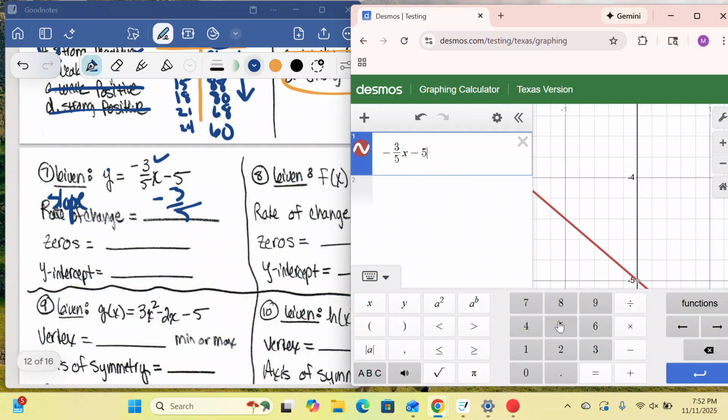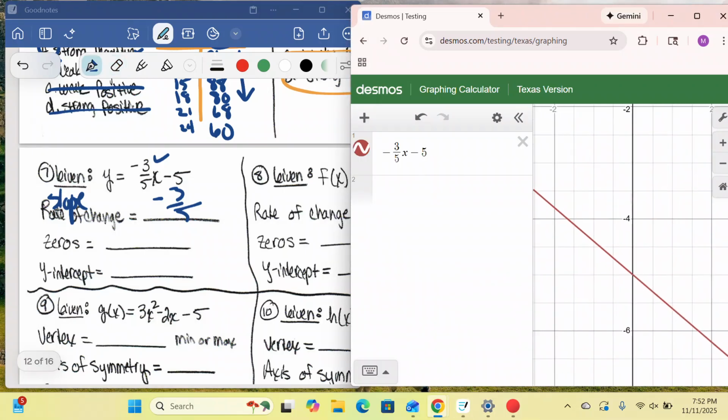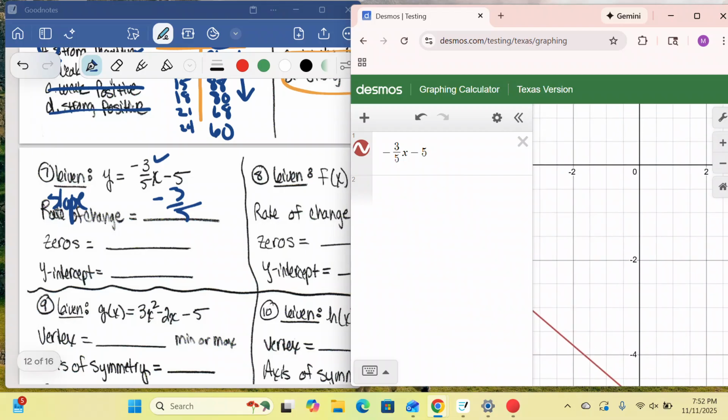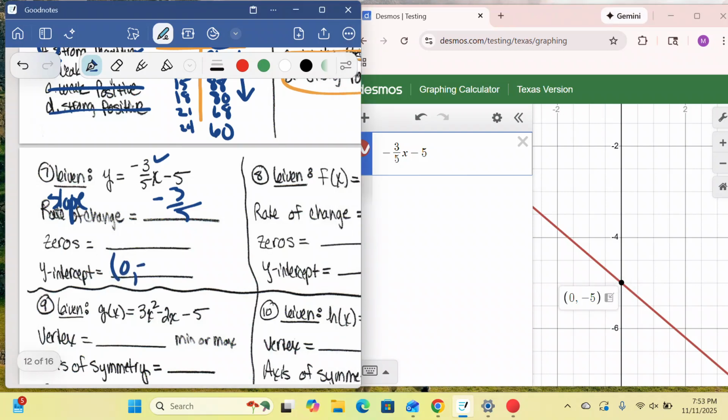So automatically, just by looking at this, I can go ahead and find my zeros and my intercepts. I'm going to look at my graph and try to position myself. There's my x, there's my y, and my y-intercept is easy: 0, negative 5.